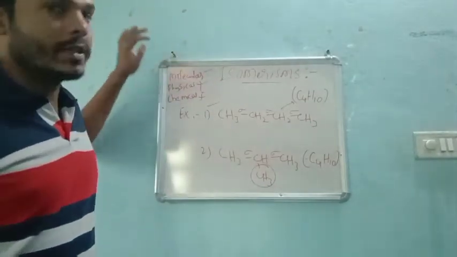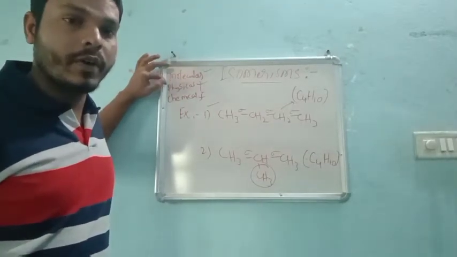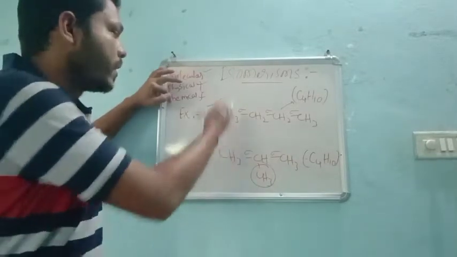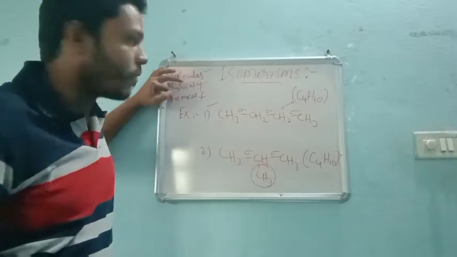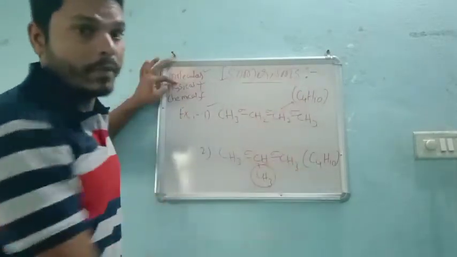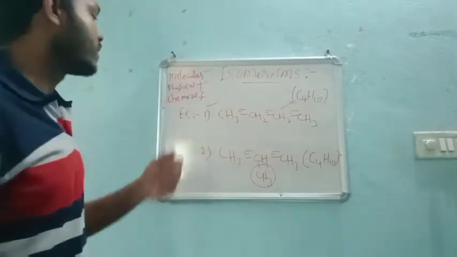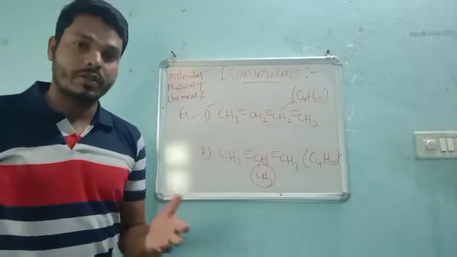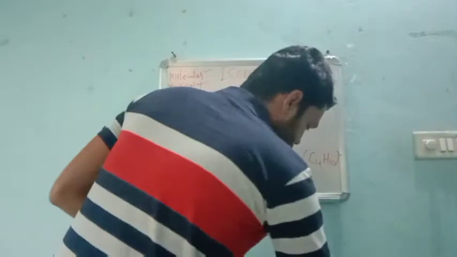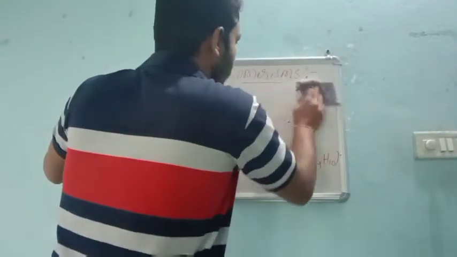So isomerism is nothing but compounds having the same molecular formula but differing in their physical and chemical properties. So this is the definition of isomerism.